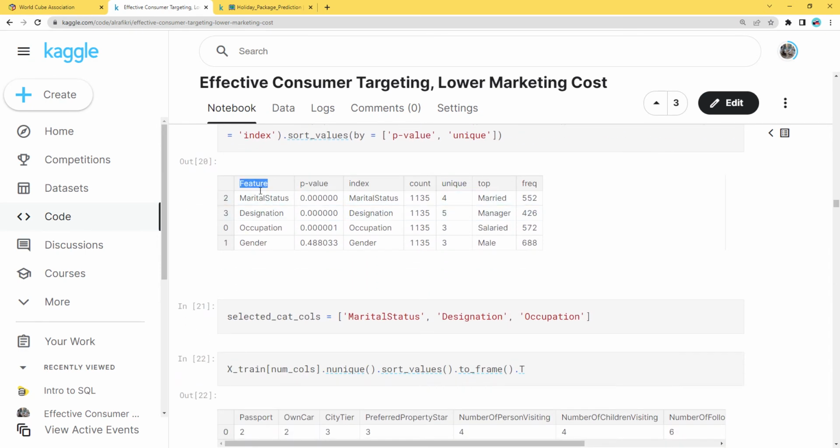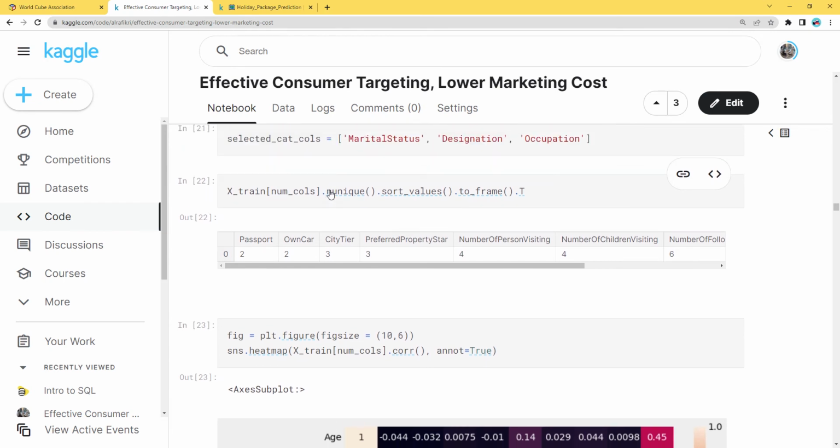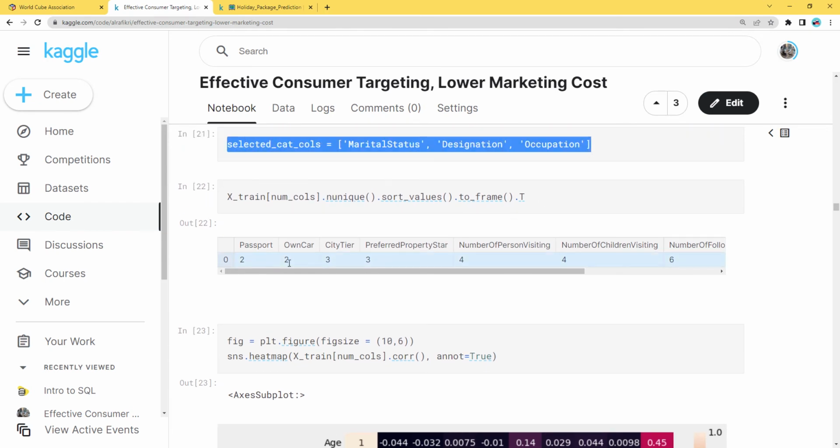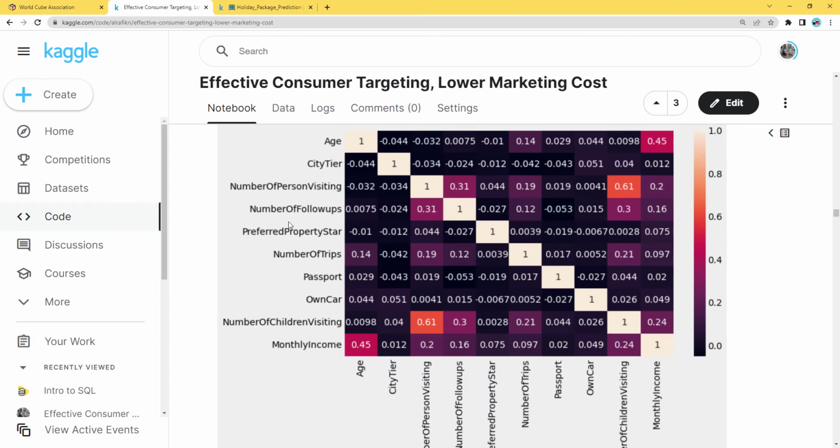So we choose with chi-square. We try to find if the variable is actually important or not. So fortunately the gender has a p-value more than the significance level. So we choose these three variables, and we try to find multicollinearity.